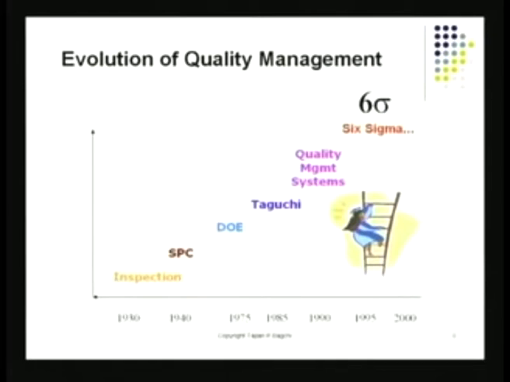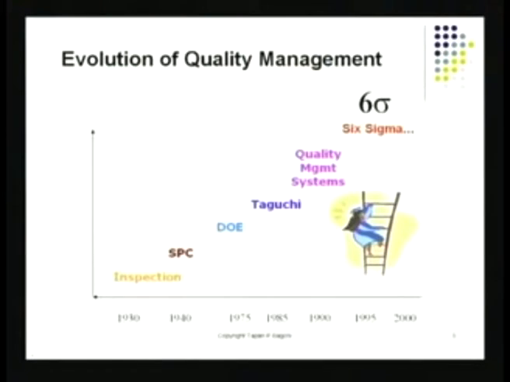Let's take a look at the march of quality and how the movement in quality assurance has evolved over the years. Back in around 1930, which is a long time back, people produced items that were generally one of a kind. Like you built a particular building, for example, the Taj Mahal is one of the examples.